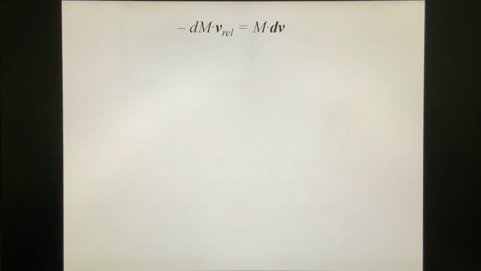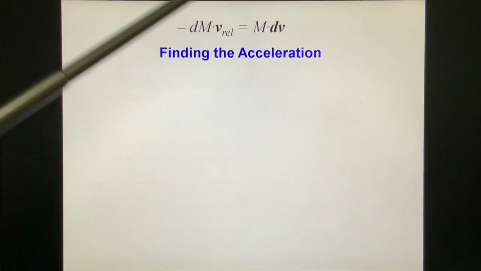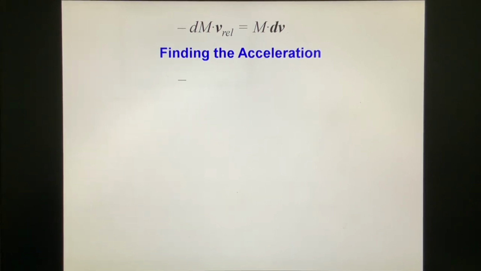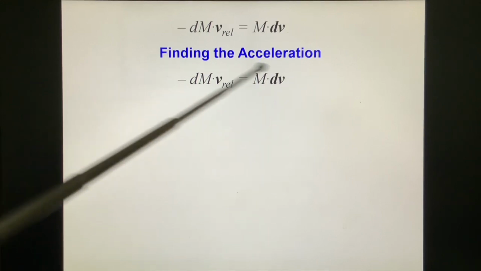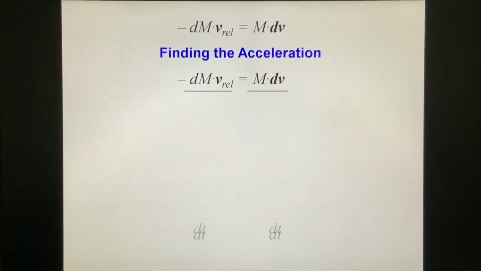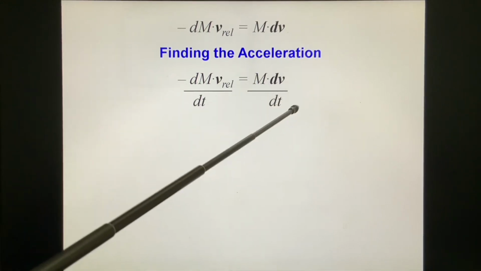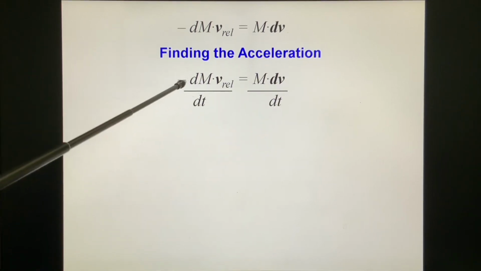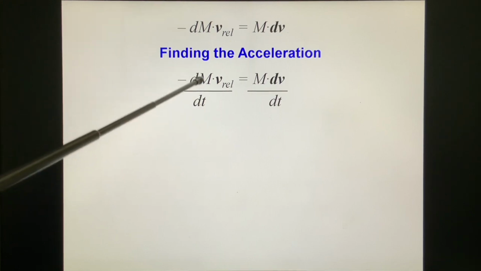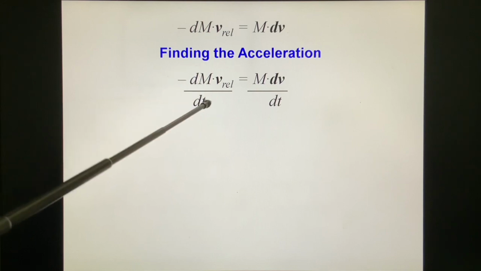From this equation, we can find the acceleration of the rocket. How do we do that? What is the acceleration? Acceleration is dv/dt. So we divide the equation on both sides by dt. This is the acceleration. And what is this? This is minus dm/dt. dm/dt is the mass loss of the rocket in this period.